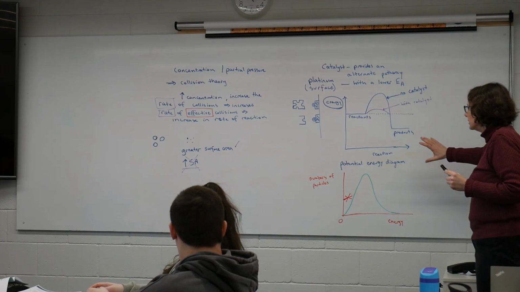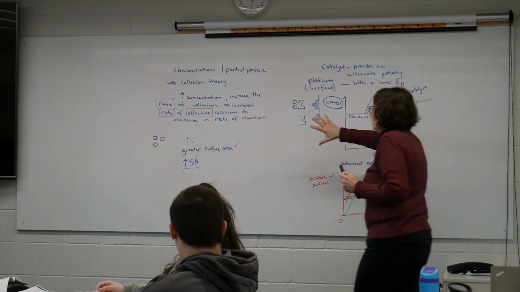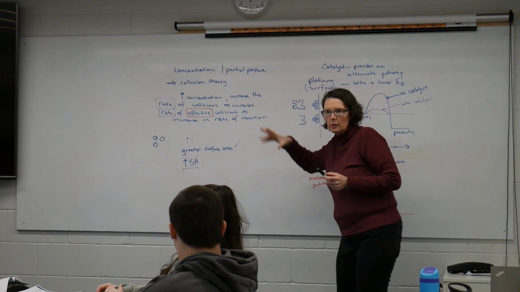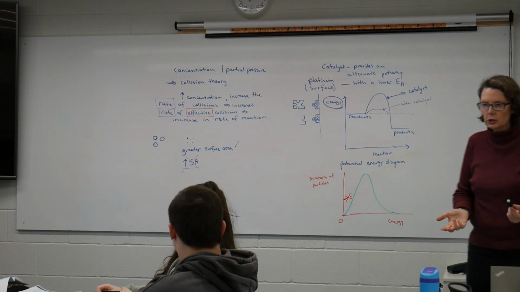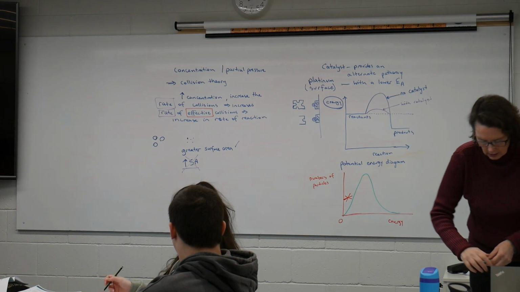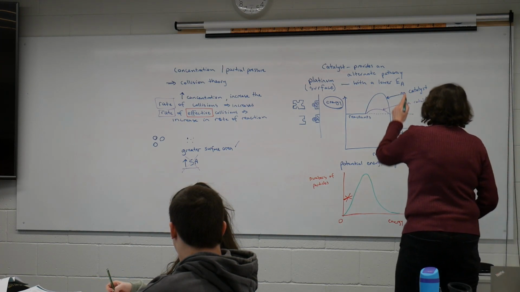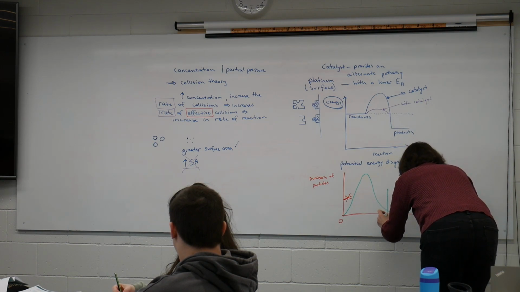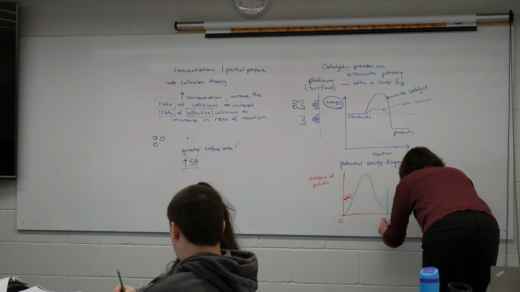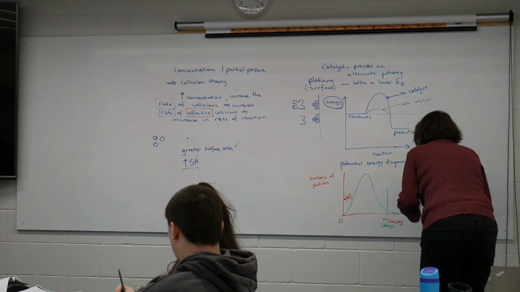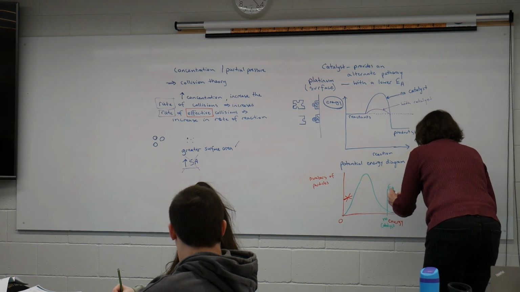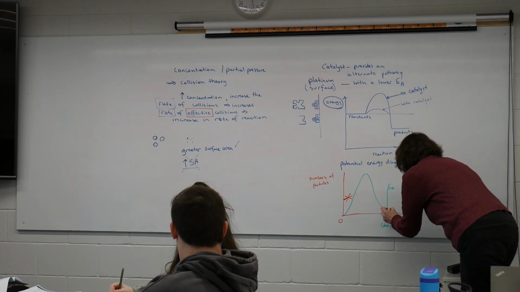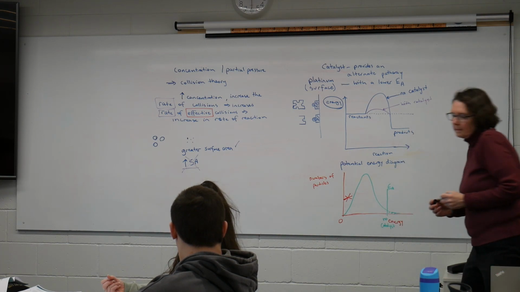Now, remember how we said that what the catalyst does is it changes the number of particles that have sufficient energy to react. So if I mark my no catalyst, then I'm going to say that some of my particles have enough energy to react.